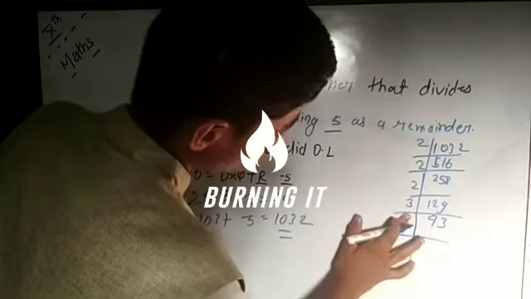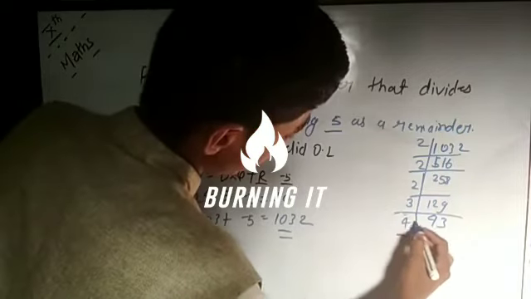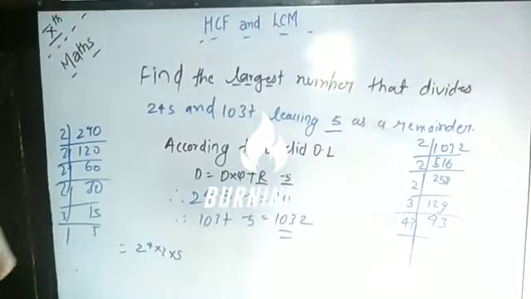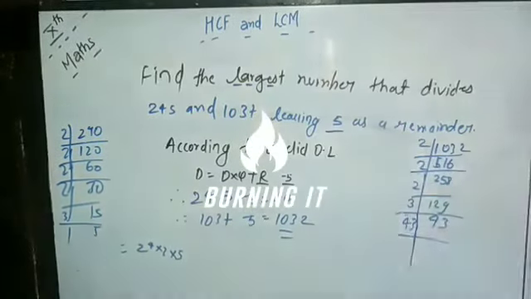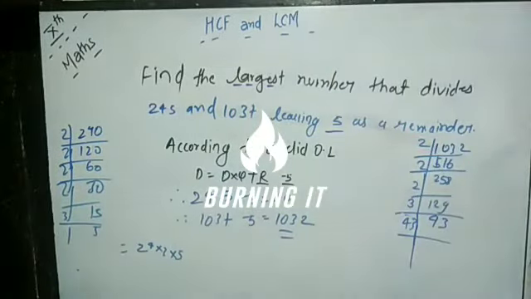Can it be divided further? No. 43 is a prime number, which is not divisible by any number. Hence we write 43 as usual.